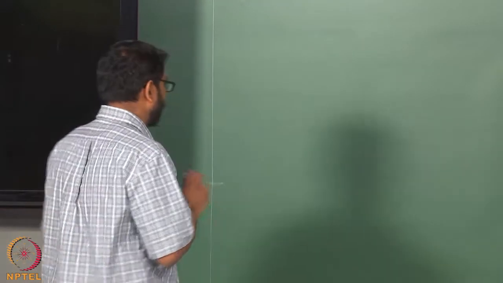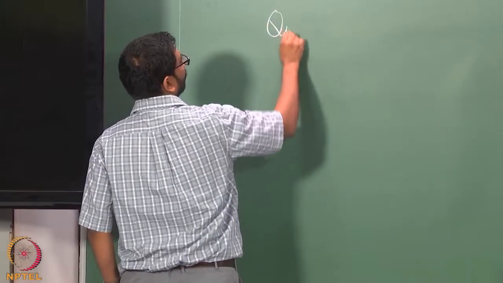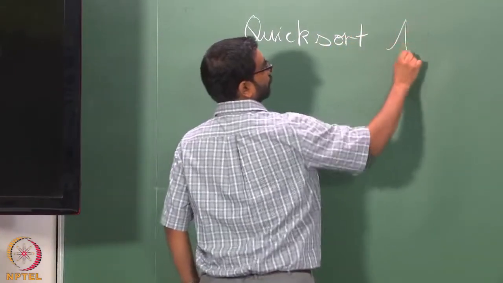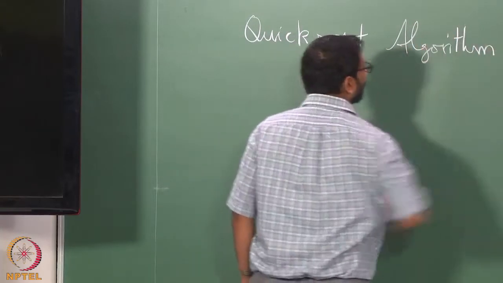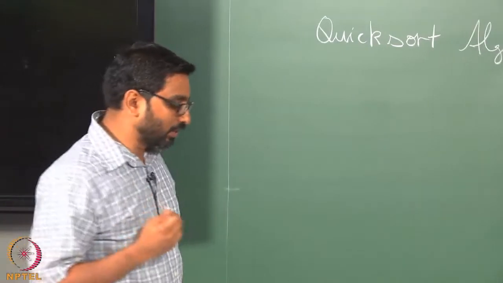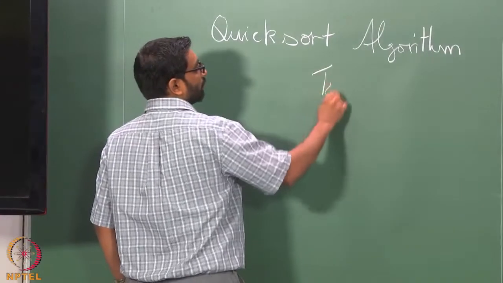But let's remind ourselves what we are talking about. We are talking about the quicksort algorithm, an algorithm invented in the 60s by Tony Hoare.